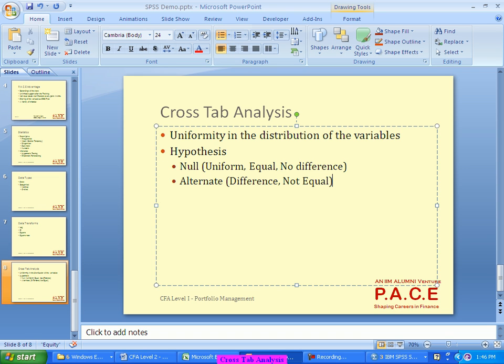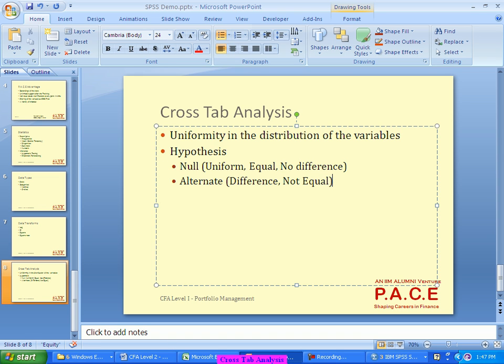Now, whenever we are performing this, I am starting with a hypothesis assumption that these two are uniform. I'll start with an assumption that the distribution of these two variables is uniform. Now, if I am starting with that assumption, what do I need to do to break that? I need to disprove it, because I am starting with an assumption.